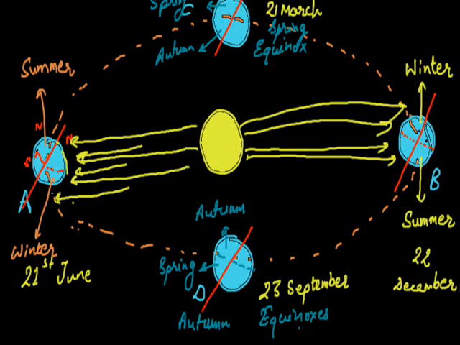The days which have the most elongated day or the most elongated night are called solstices.